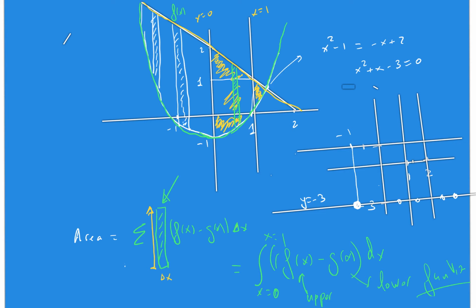And the length is the upper minus the lower. The area of our rectangle is the upper minus the lower, times delta x. And so what you are doing exactly is making the sum of all the pieces that are inside the region, and collecting the sum gives you the total area bounded by the curves.